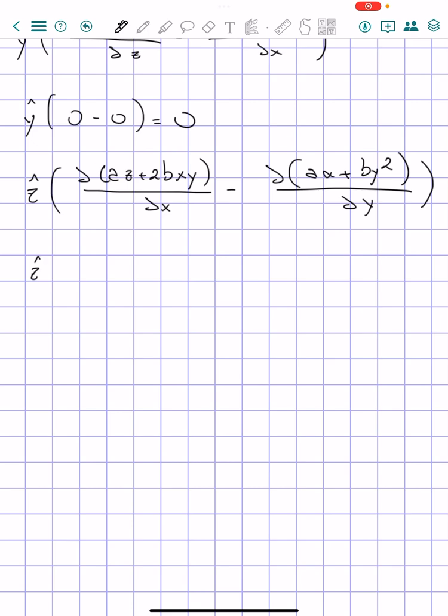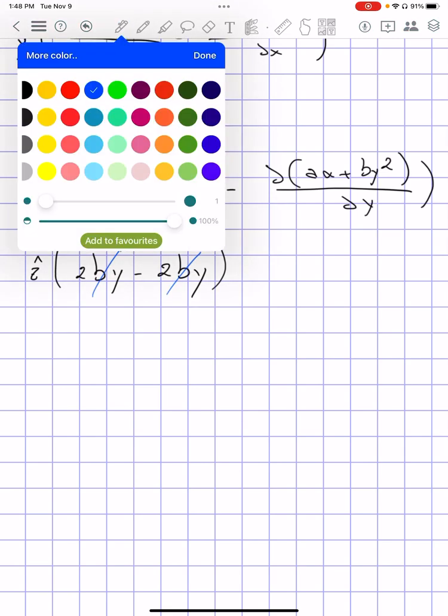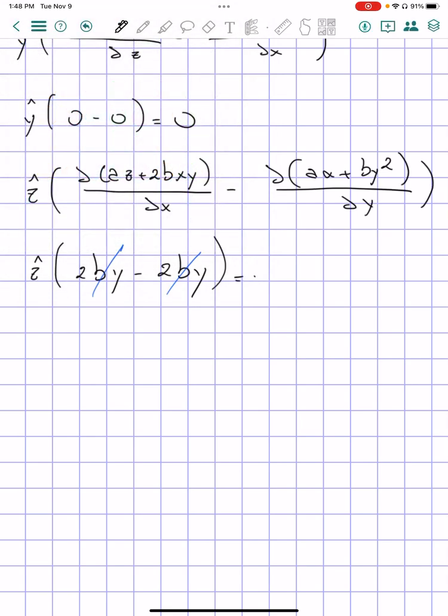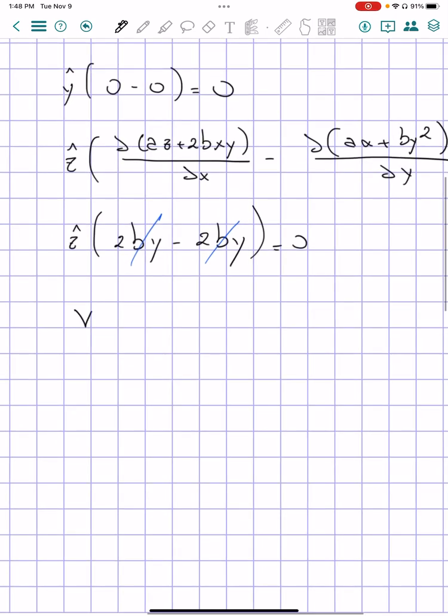So z hat, and then for the first one, I'm going to get 2by minus 2by, which is of course they cancel each other out, and obtain that the answer is actually equal to 0. So the cross product of the del operator with our force F is equal to 0. Therefore, F is conservative.